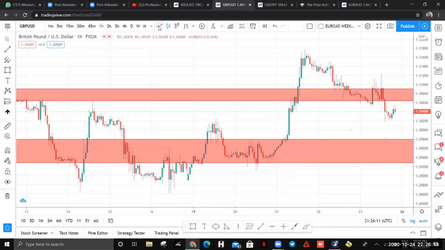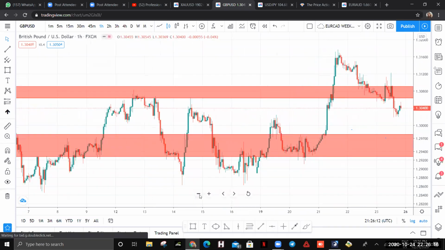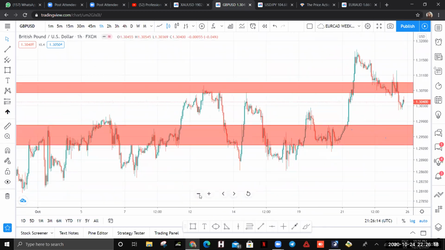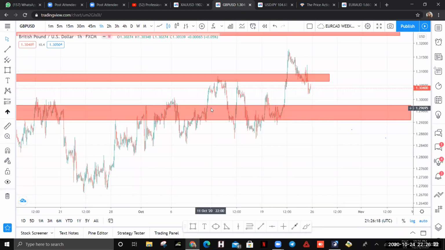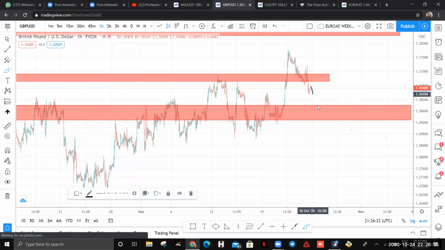Let me reset it. Okay, so we can see what happened here. Price broke out from this resistance zone and is doing a what? Retest. So what am I expecting based on this is for me to what? Sell this here.